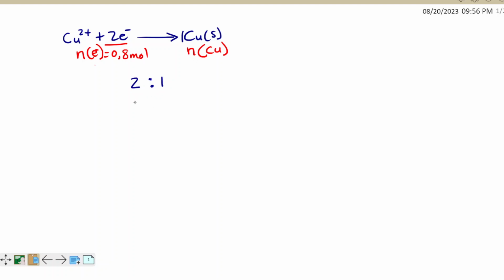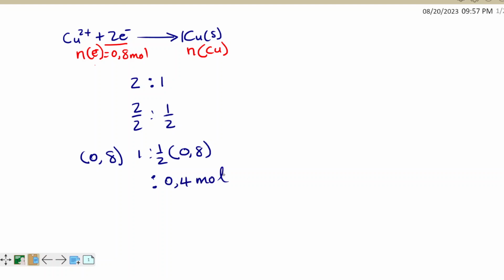So if we divide this by 2 and we divide on the right by 2, then we're going to have 1:half. If this one is 0.8, then we multiply that side by 0.8 as well. So 0.8 divided by 2 is 0.4 mole. So that means the number of moles of the copper atom is 0.4 mole.